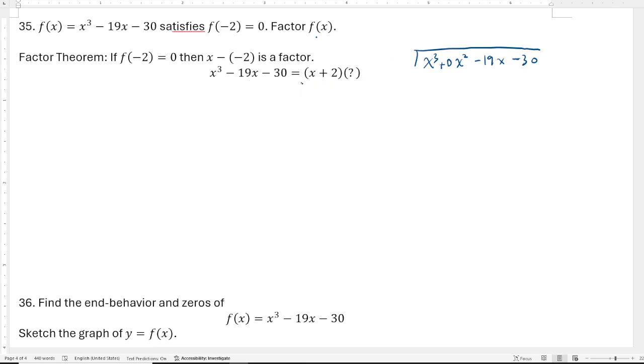Okay, and then we're trying to divide by x plus 2, so let's try to divide by x plus 2. And x times what is x cubed? x squared is x cubed, right? x squared times x is x cubed. x squared times 2 is 2x squared. And as I just explained, this top is always something that, when multiplied to the leading term, would match with the very first leading term.